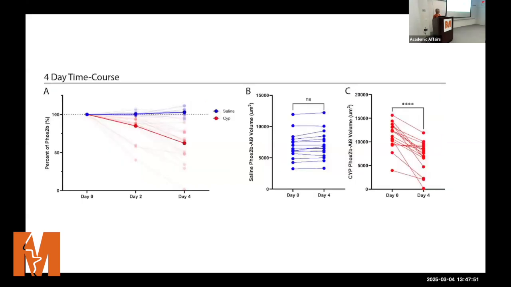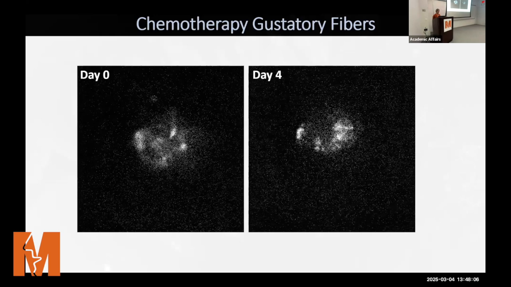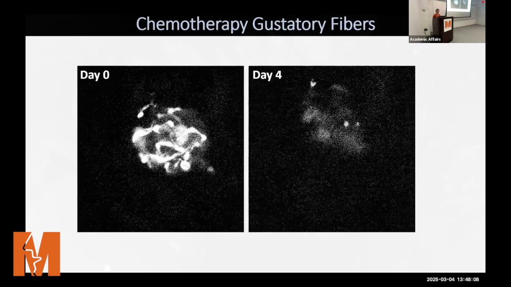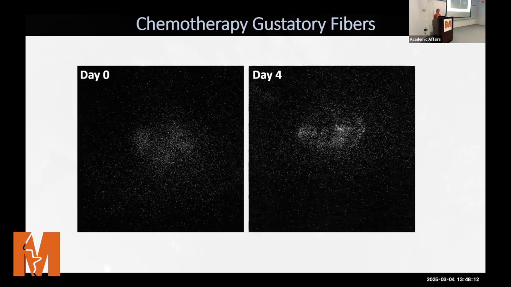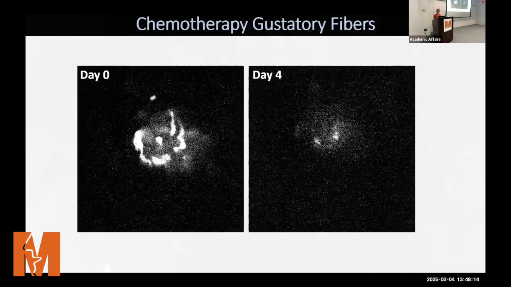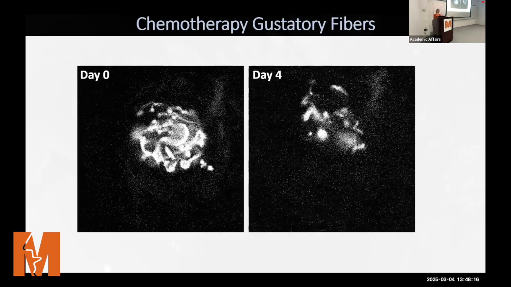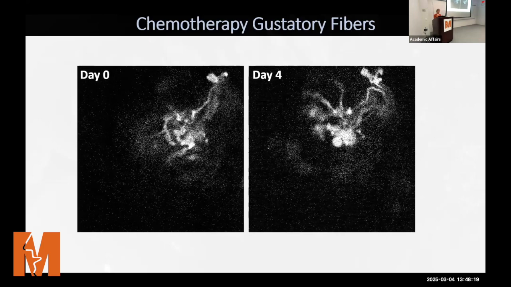And so this is just a more quantification of this. Compared to day 0, after day 4, there's a significant drop off in the volume of gustatory fiber innervation in these taste buds. And just to visualize this, this is the same bud imaged on day 0 before injection and day 4 after the cyclophosphamide injection. And these are tracking around the same Z frame.